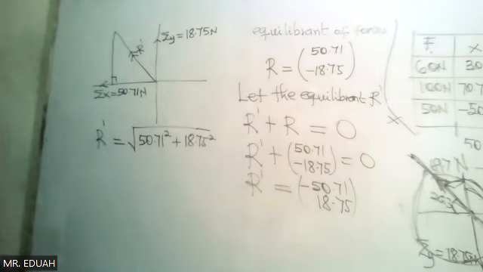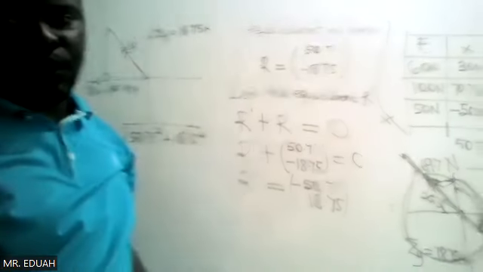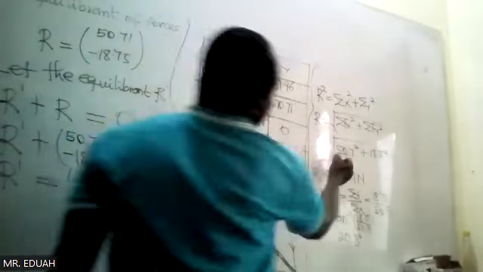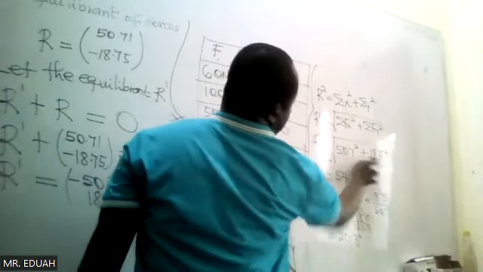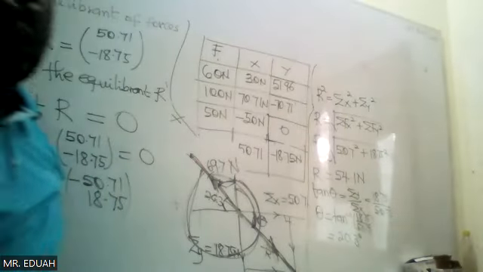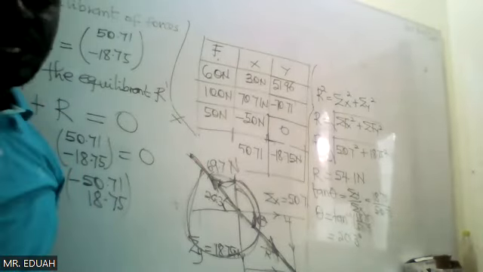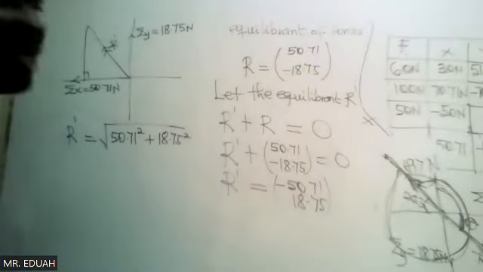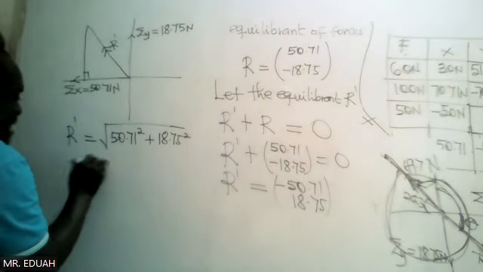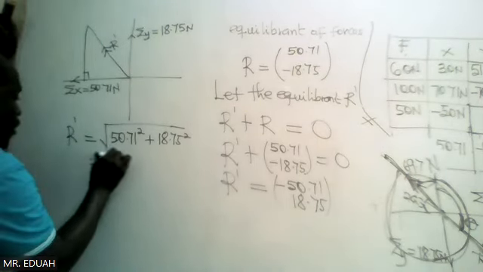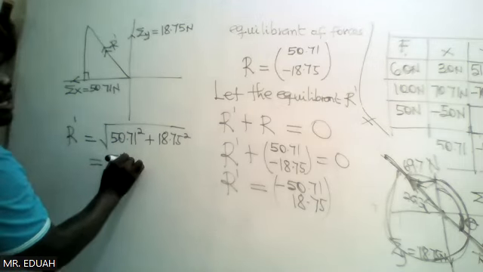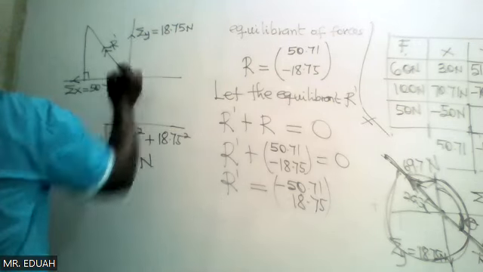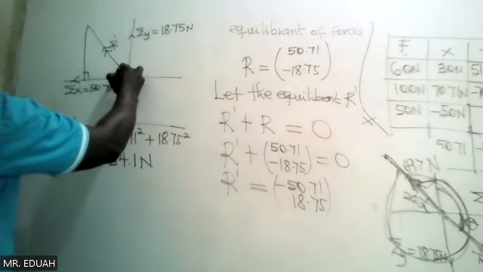That's the same thing we did for the resultant. So it means the equilibrant has the same magnitude as the resultant, as I said earlier. So 54.1 Newton.